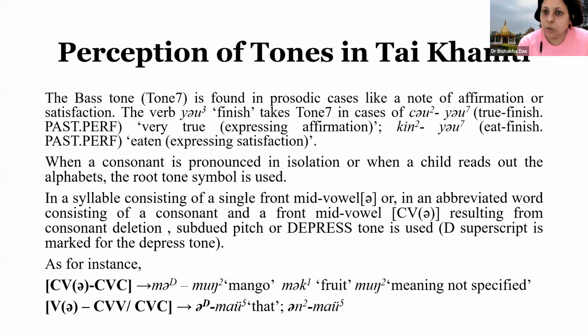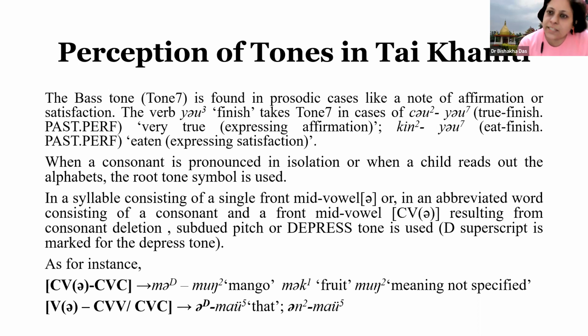But here, chow yao means very true, because chow with a low tone means true. So chow yao is very true. It's like expressing some affirmation. So chow yao, chow yao. So chow yao is this tone 7.